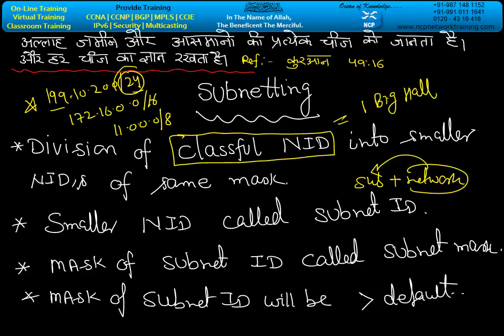For class C, the mask is automatically 255.255.255.0. It's not a subnet mask, it's a default mask. After subnetting, the mask of a subnet ID will be greater than the default mask. If you do subnetting of class C, each subnet has a mask greater than 24.